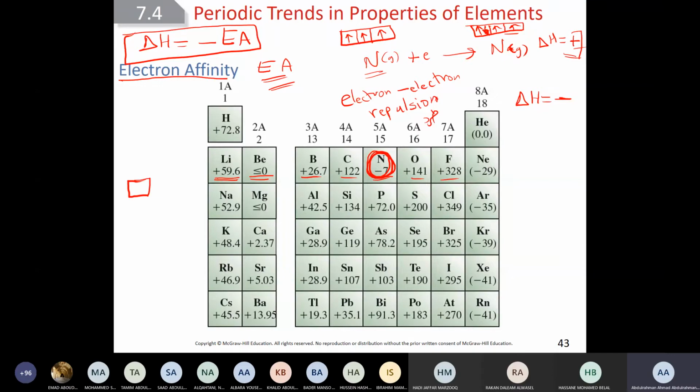What's the electronic structure of lithium? 1s1. What's the electronic structure for lithium minus?